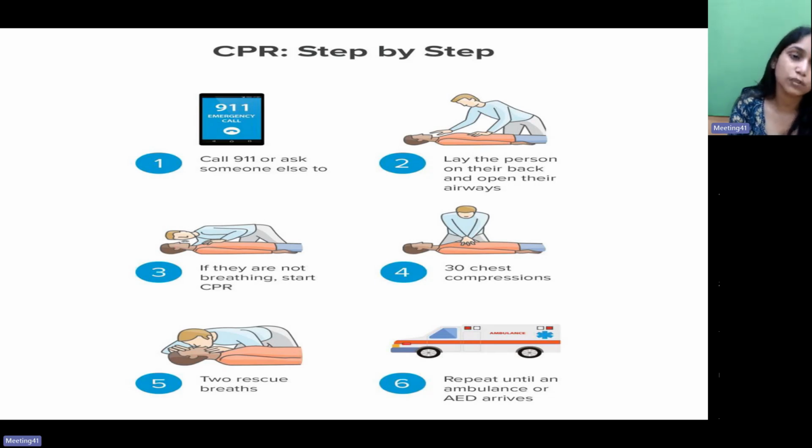Fine, students. I hope CPR is clear to you now and the other things too. Basically, we are doing all this to improve the quality of the patient's health.